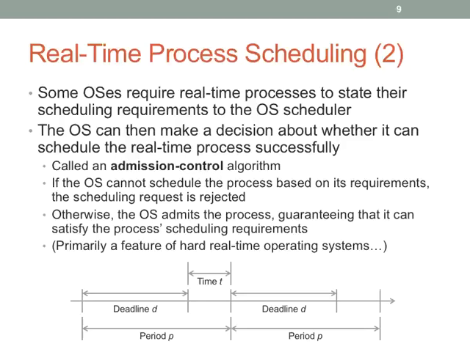Now, even a general purpose system could have some kind of way of saying, you know what, we have too many real-time processes, performance is really going to be bad, I'm probably going to miss a lot of your deadlines, and it would be nice to be able to tell processes, you know, the system is really heavily loaded so that you could tell the user this is a bad idea. But in general, you see this primarily on hard real-time systems.